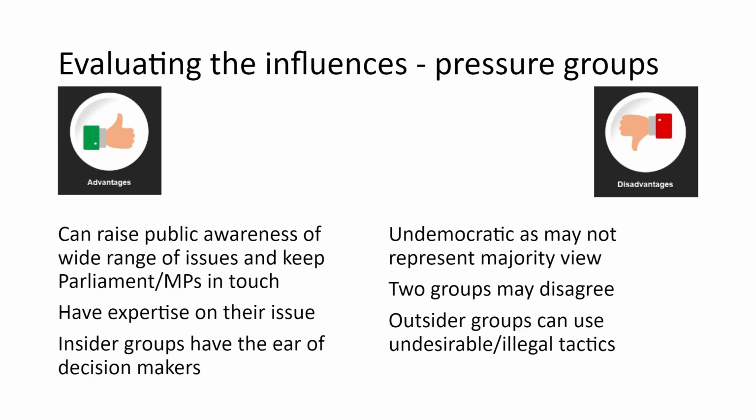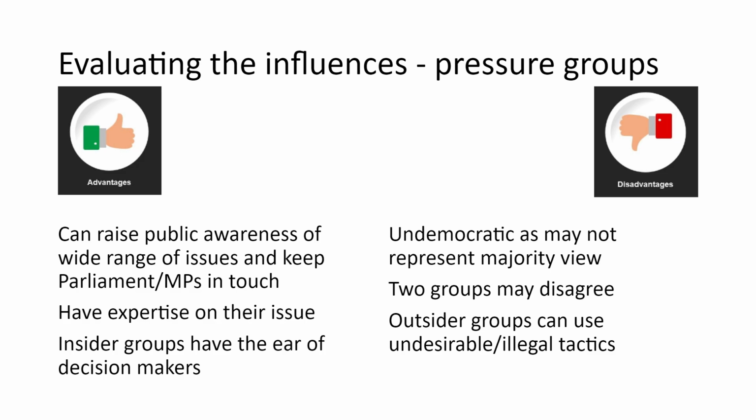So looking at these influences in terms of advantages and disadvantages of pressure groups, the advantages are they can raise public awareness of a wide range of issues. They are experts, so people that join these groups have a lot of expertise in their topics. So if you're in Friends of the Earth or Greenpeace, you have a lot of expertise on environmental issues.